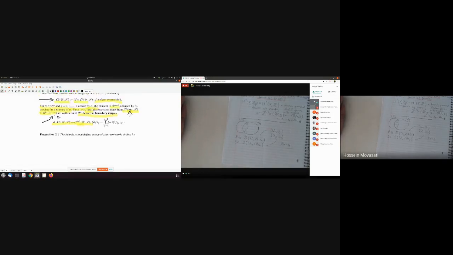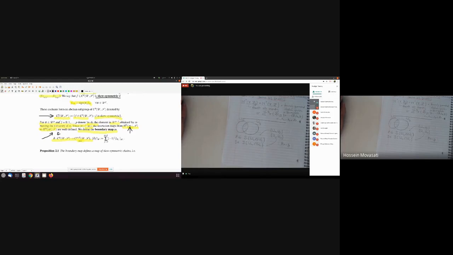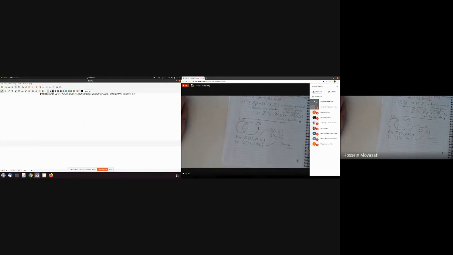And remember that the skew symmetric cochains are a subset of the usual set of cochains.